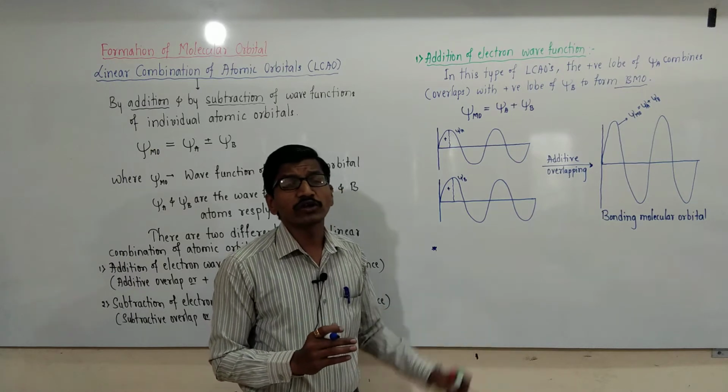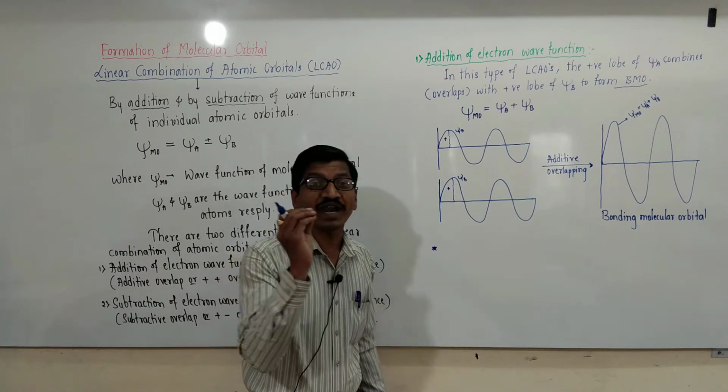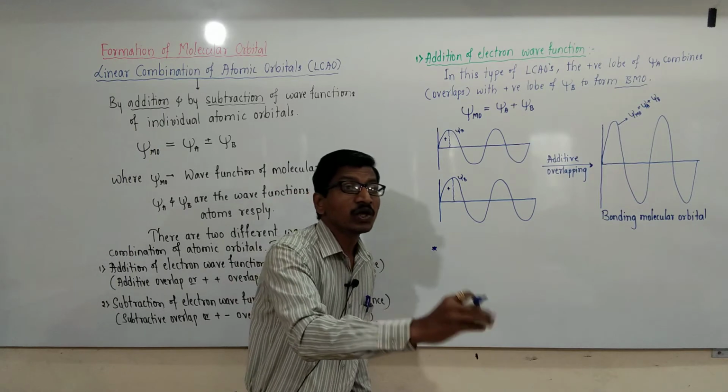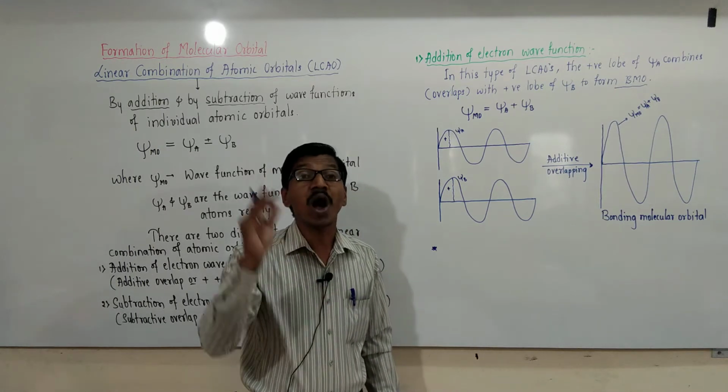In bonding molecular orbital, the probability of finding electrons between two nuclei is too high.